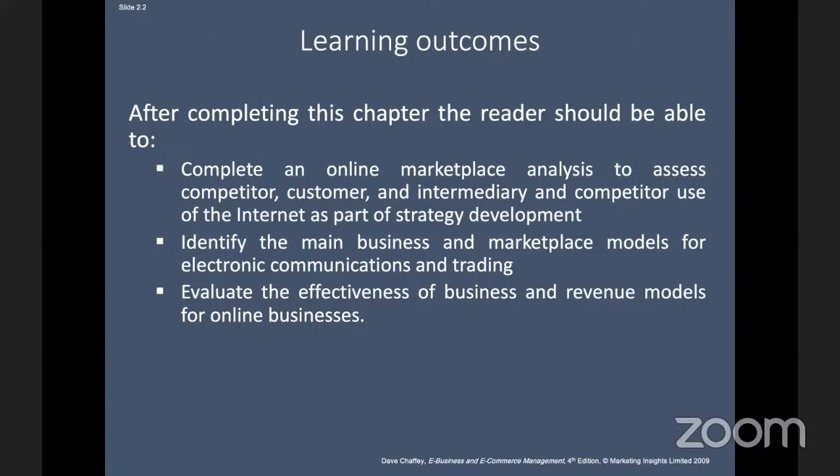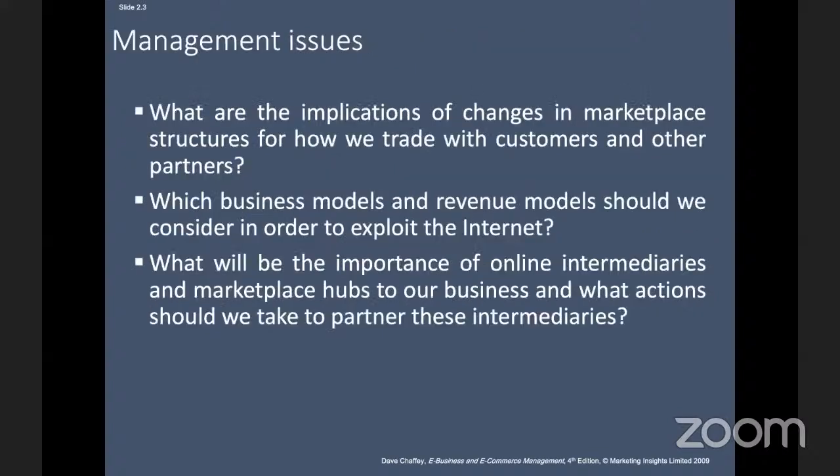Okay, let's start now. First, what are the management issues? Here are some questions that arise regarding the management issues. What are the implications of changes in marketplace structures for how we trade with customers and other partners?